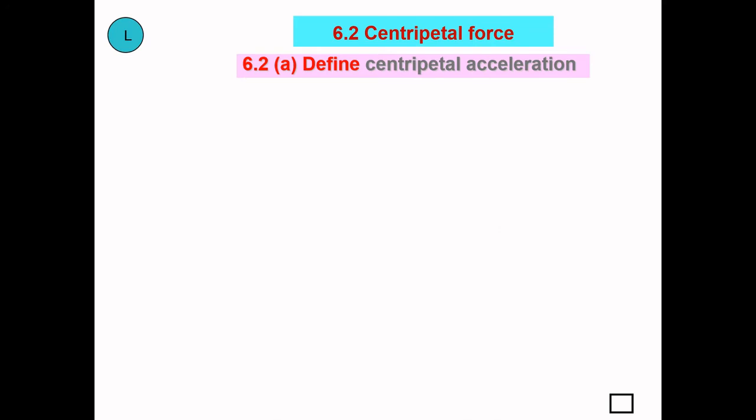Okay guys, we move to the next subtopic. So the next subtopic is centripetal force. First of all, we have to define centripetal acceleration. So what is the definition of centripetal acceleration?